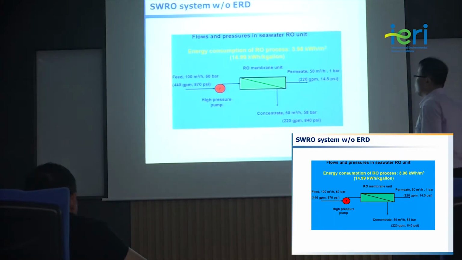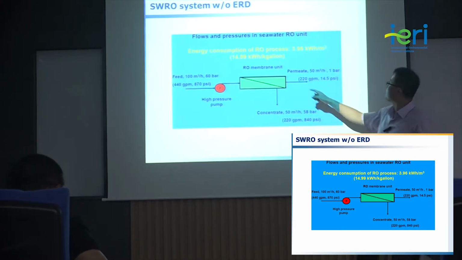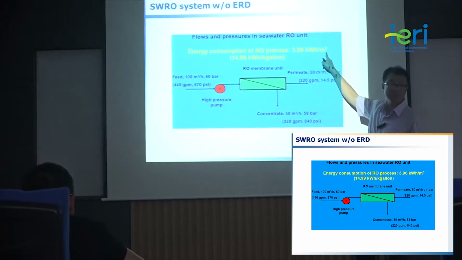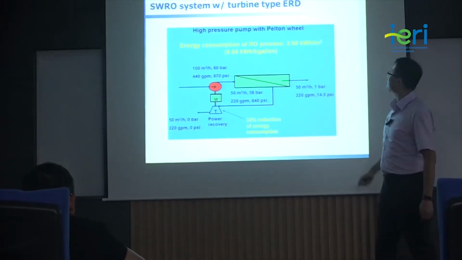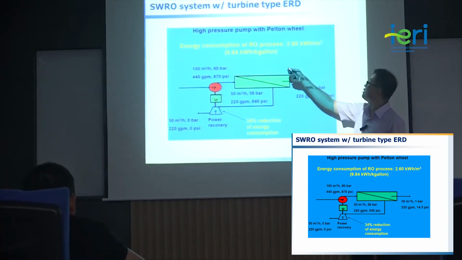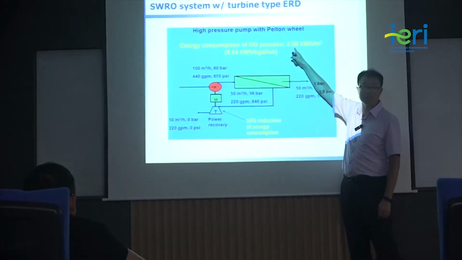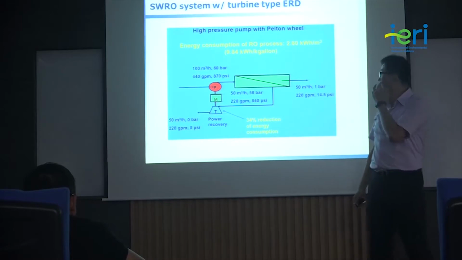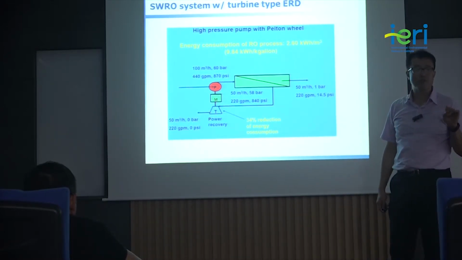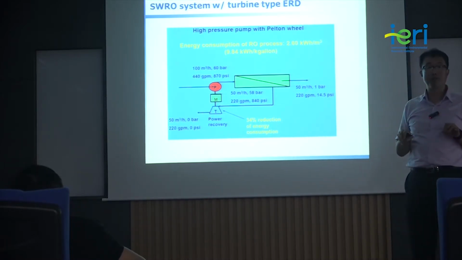Without using an ERD, you should put this much energy into unit water production. But when you use the turbine type ERD, you can decrease the energy down to 2.6, from almost 4 to 2.6. But usually these days we prefer to use the isobaric type of ERD like PX, and in this plant they are using DWEER.